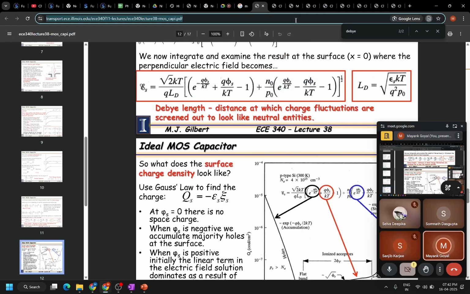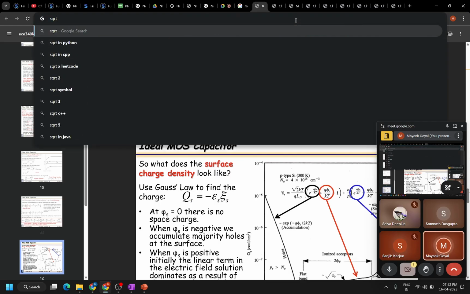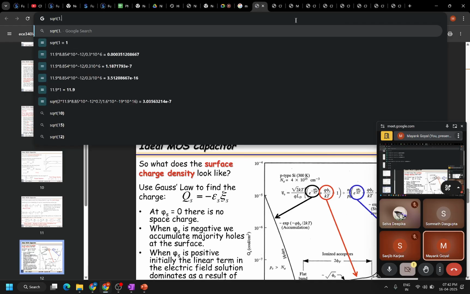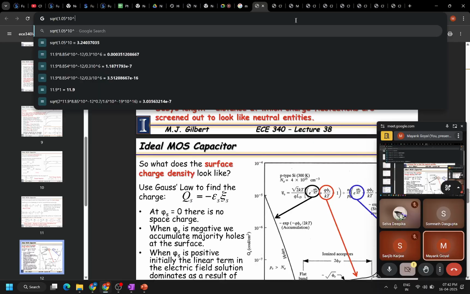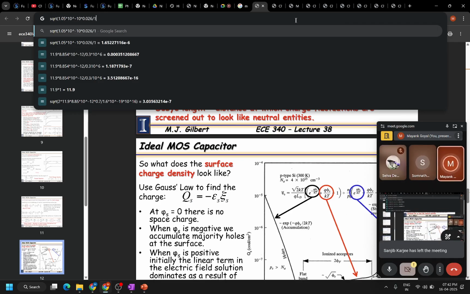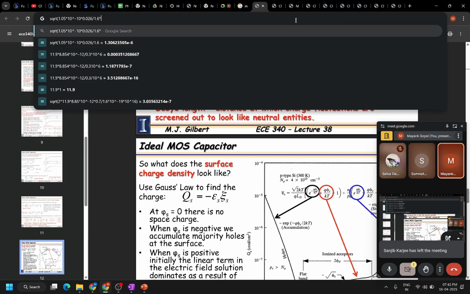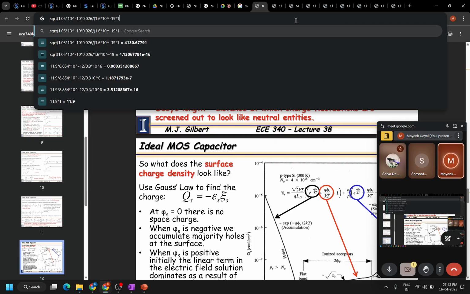Yeah, so this you can then calculate as 0.026 divided by 1.6 into 10 power 16.